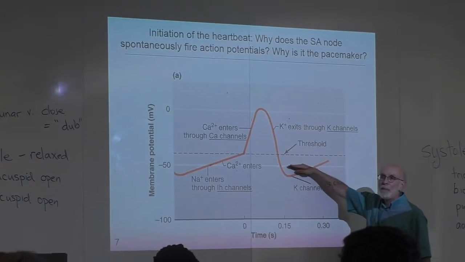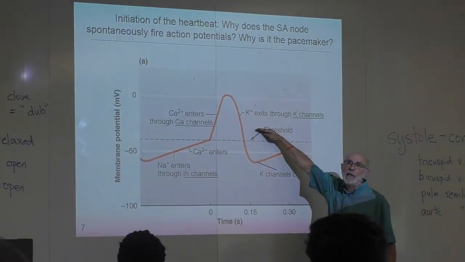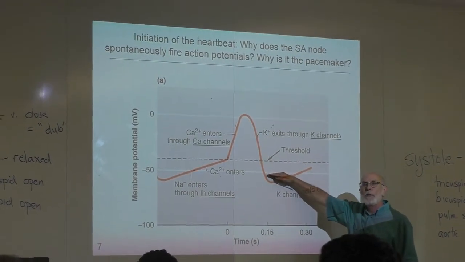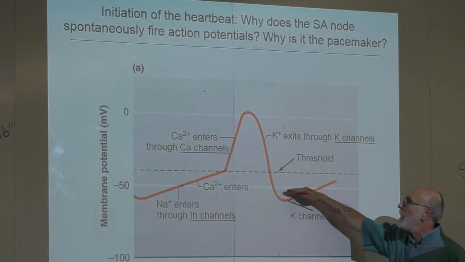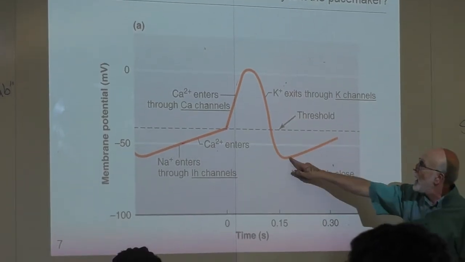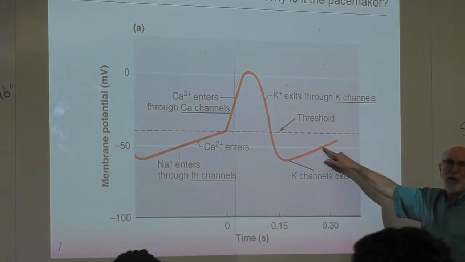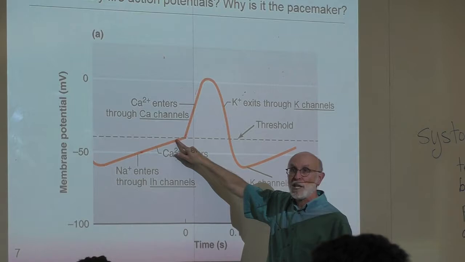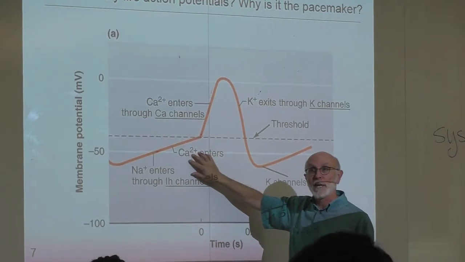If the membrane potential is above -50, they tend to be closed. It's not an all or none thing, but IH channels are open below -50 and they close above -50. So IH channels are open, but now they start to close because we're getting above -50, but we continue to get the slow depolarization because now we've got the calcium flowing in, not the sodium flowing in.